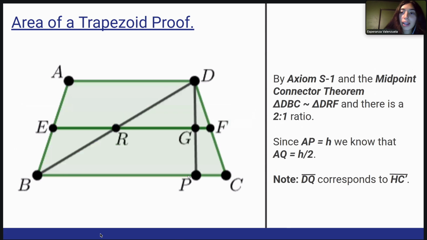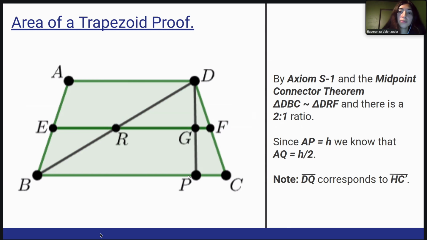So by axiom S1, we know that triangle DBC is similar to triangle DRF. And by the midpoint connector theorem, we know that they form a 2:1 ratio. So the height of this triangle is h. Therefore, the height of this one is h over 2.